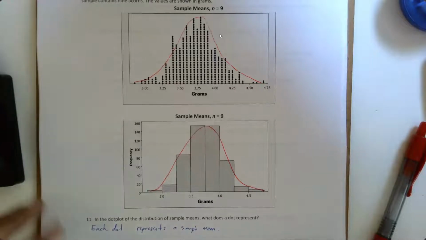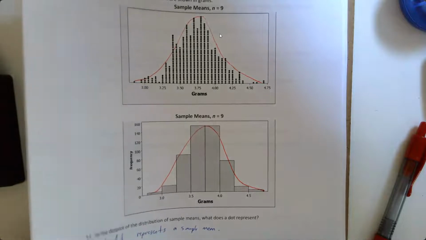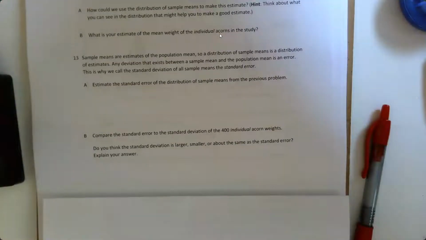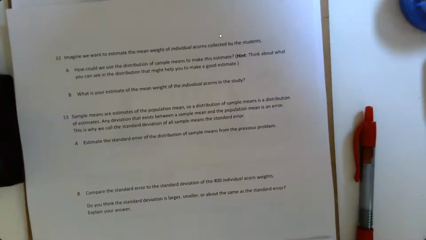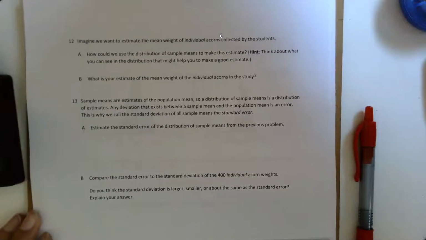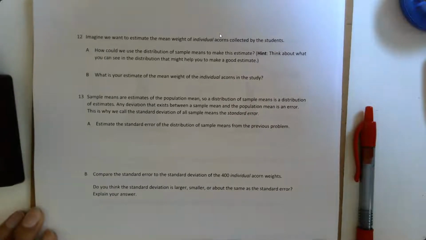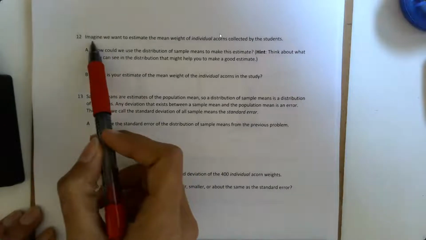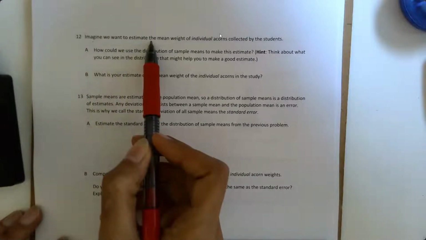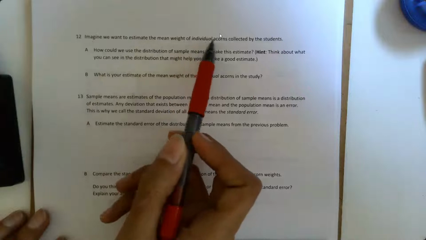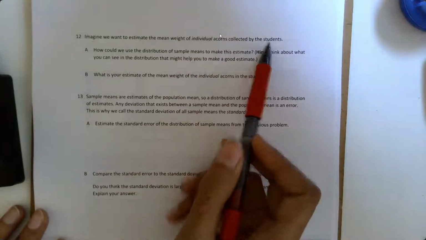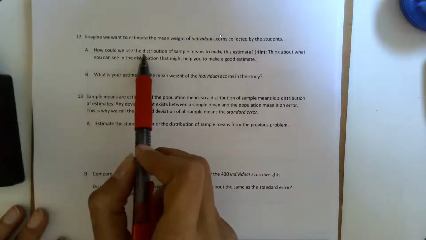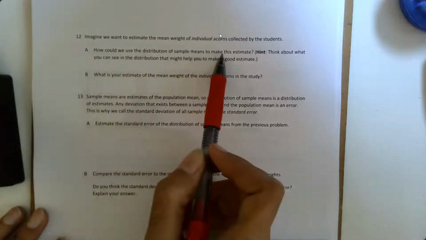Well, let's answer more questions. Question 12 says, imagine we want to estimate the mean weight of individual acorns collected by the students. How could we use the distribution of sample means to make this estimate?